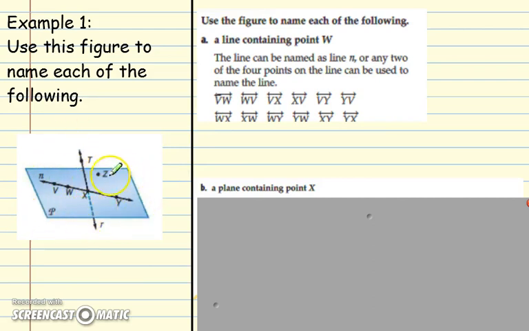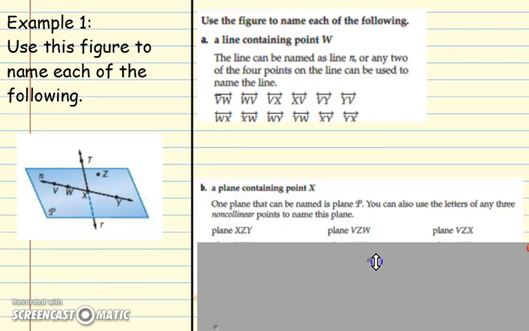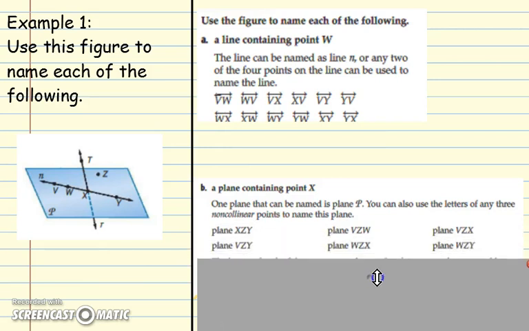But since it's on this plane, and that's the only one we can see at this point, we can say that it's on plane P. Or, like we said earlier, we can name any 3 non-collinear points on that plane. So we could call this plane V, W, Z, X, W, Z, anything with Z, because Z is not on the plane.